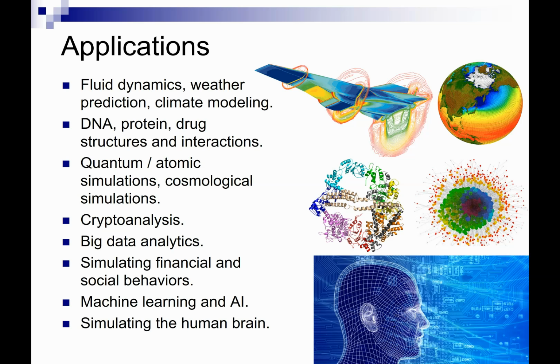So there are attempts to simulate the human brain, and not just superficial behaviors of the human brain, but really to have a very deep and complete simulation of the brain. We know that the brain has billions and billions of neurons and trillions of connections between these neurons, so in order to run such a simulation, we need a very large scale computer. So this is also an important application and future direction for parallel computing.